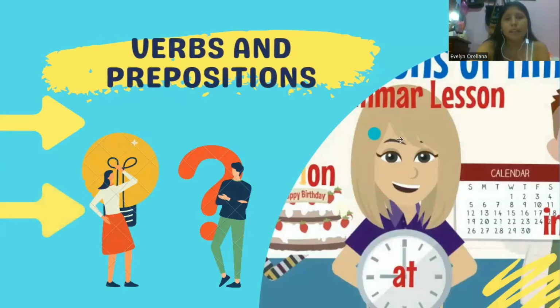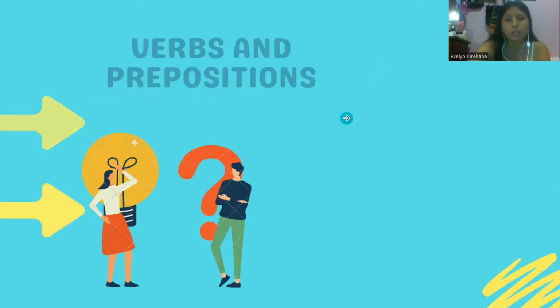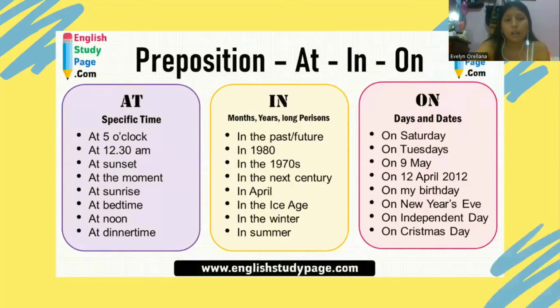And finally, we can study the verbs and prepositions. With at: at 5 o'clock, at 12:30 a.m., at sunset, at the moment, at noon, at bedtime. With in: months, years, long periods.